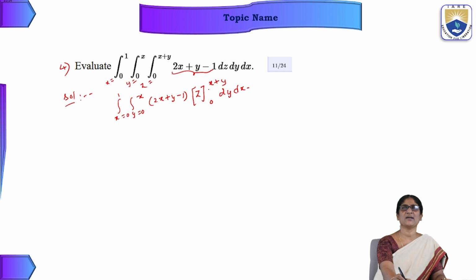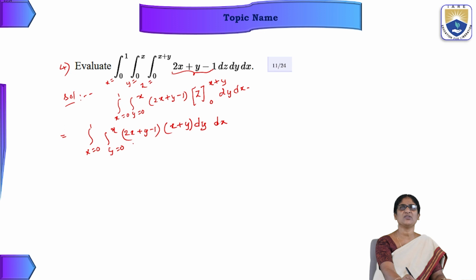Now you apply the upper limit. In place of z, you can have x plus y. So you are going to get integral of x from 0 to 1, and y from 0 to x, of 2x plus y minus 1 into x plus y, dy dx.